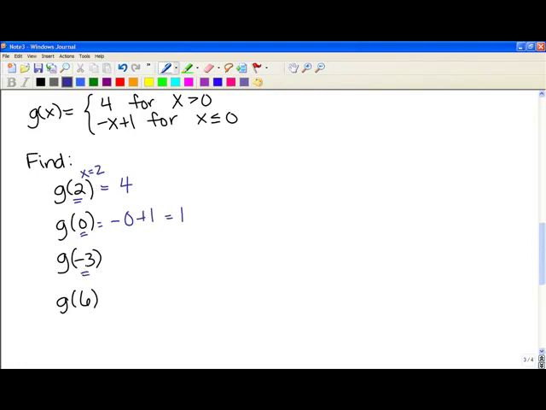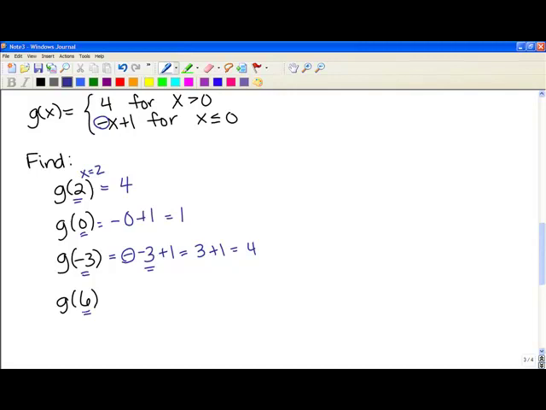Our next number is negative 3. And negative 3 is less than or equal to 0. So we would use piece number 2, and plug in negative 3. Now notice we already have a negative in the piece, so it's right there, and then I'm plugging in my negative 3 value. So minus a negative is really a plus, so this is really 3 plus 1, or 4.